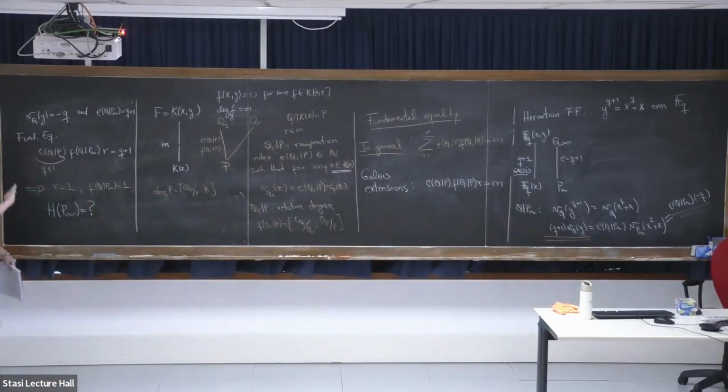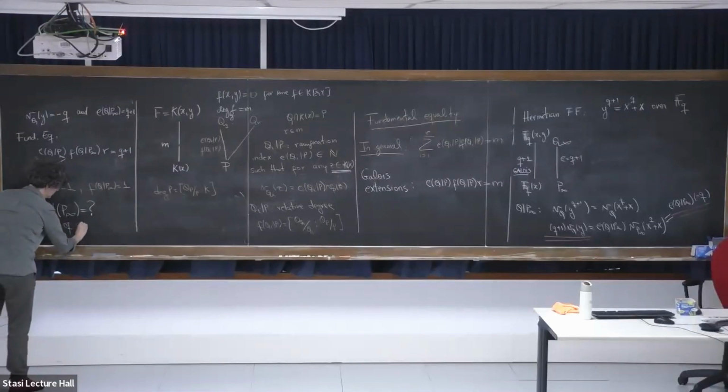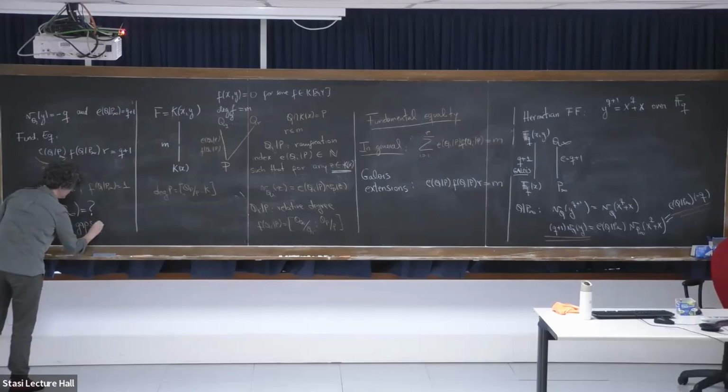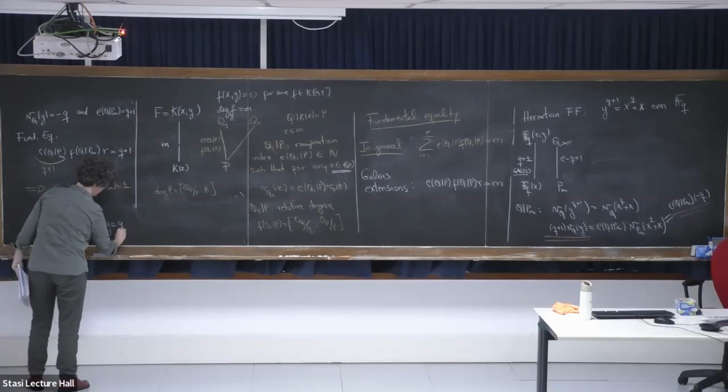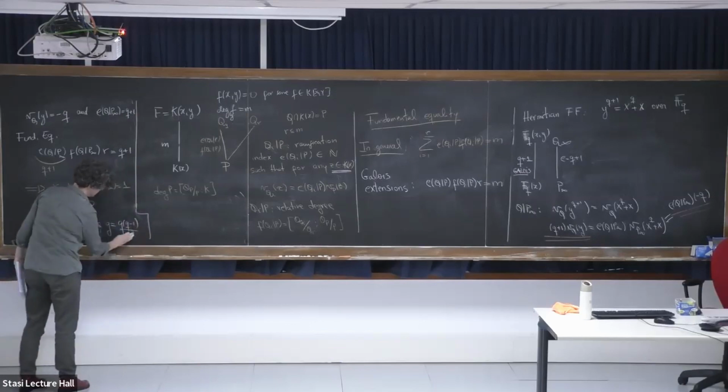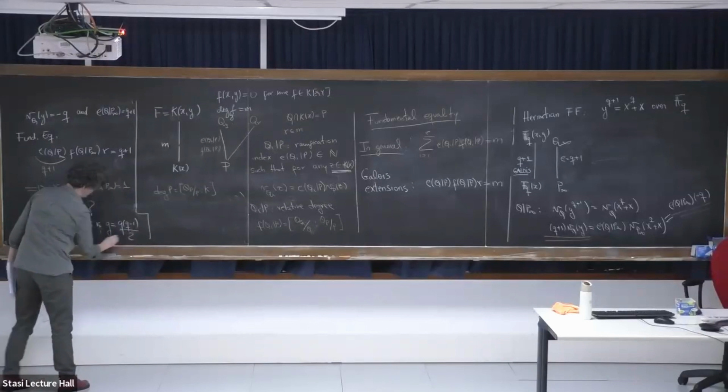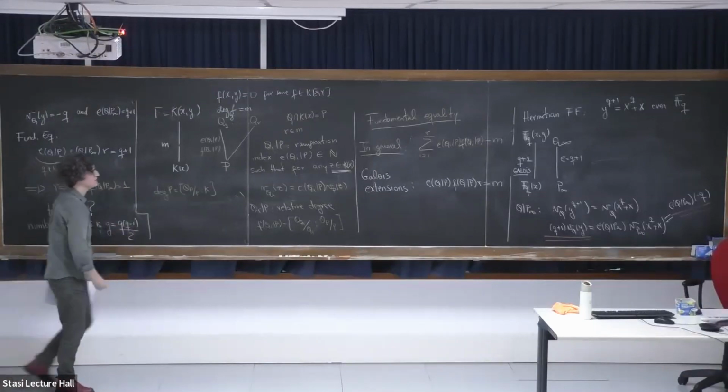Well, I know something already. I know that these are the non-gaps. I know that the number of gaps is the genus of the curve. That for the Hermitian curve is just Q minus 1 over 2. Now, why is the genus this?